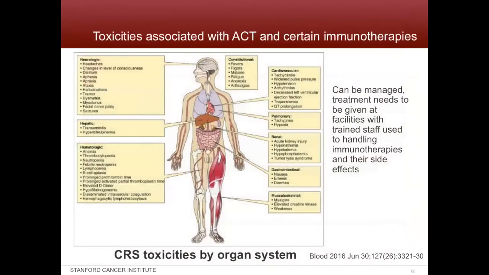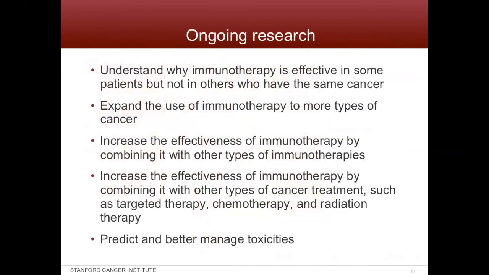Unfortunately, any of these side effects can happen, and that's why the word of caution is, especially for these trials that are not only doing, can we see the tumor cell, but also can we rev up the immune system, that is best done in places that are aware of how to manage the side effects, because a lot of this you can head off if you recognize it soon enough.